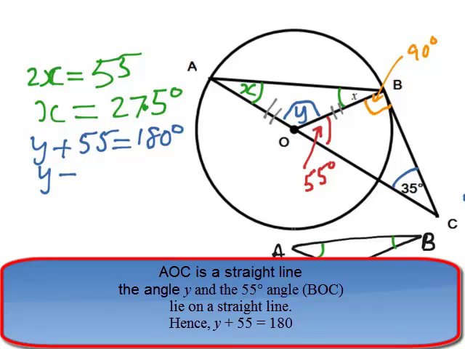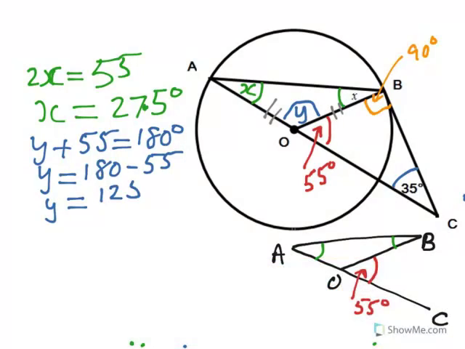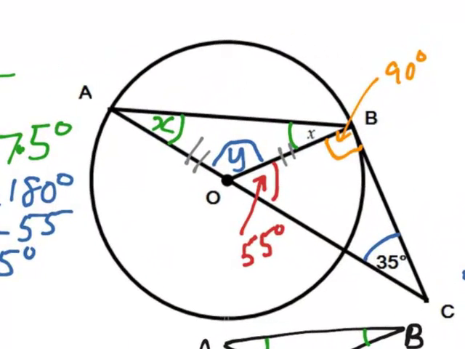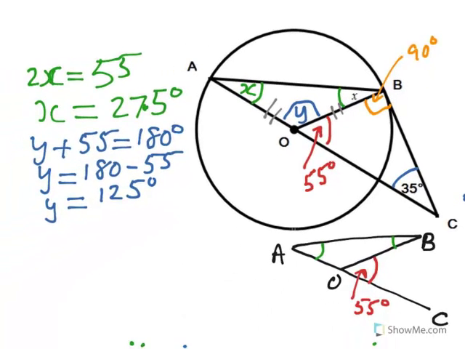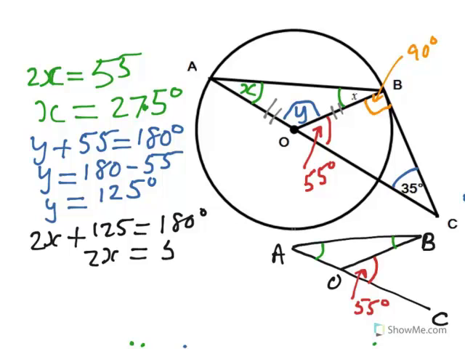So subtract 55 from both sides, you get y equals 125. But the angles in the triangle AOB add up to 180. So we can write 2x plus y, which is 125, equals 180 degrees. Subtract 125 from both sides, you'll get 55 degrees. So divide by 2, you get 27.5 degrees.